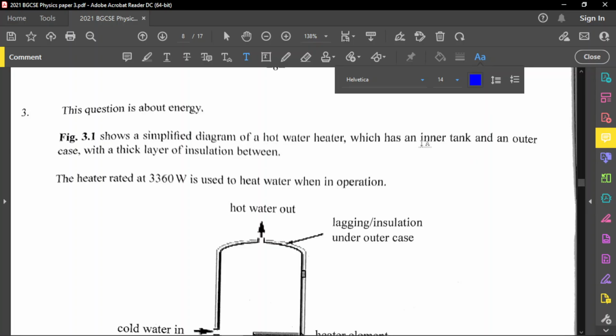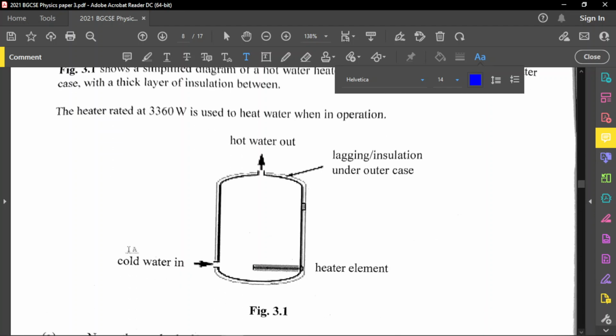It has an inner tank and an outer case with a thick layer of insulation between. The heater, rated at 360 watt, is used to heat water when in operation. Based upon this, let me go down a little bit here.